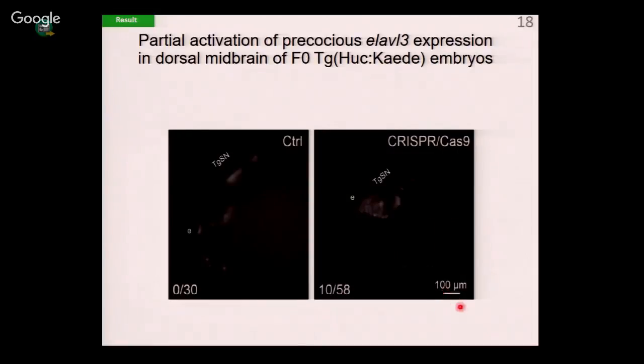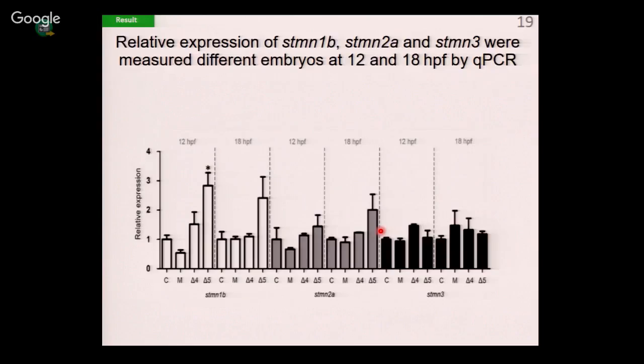They also observed lower but notable precocious LVO3 expression in dorsal midbrain in gRNA Cas9 treated embryos. This result suggests possible functional compensation by another STEMI isoform or gene compensation that might mask the phenotype resulting from loss of stem 4.